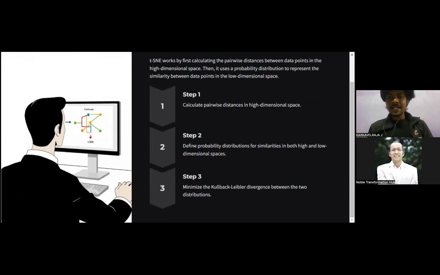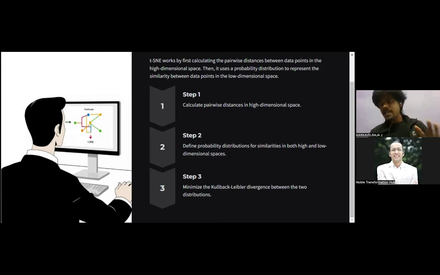Let's move step by step. First, we need to calculate the pairwise distance between the data points in the high dimension. Then we need to define the probability distribution for the similarity in both high dimension and low dimension space. When we calculate the pairwise distance, it gives some value, and we need to identify the probability distribution of that value. Then we need to minimize the Kullback divergence between these two distributions so that it is able to map the high dimensional data points to the low dimension.